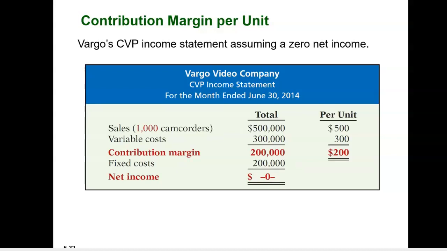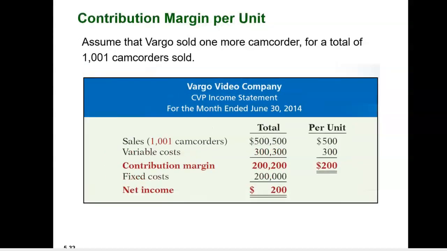Well, obviously, dividing 200 into 200,000 gives me what we call our break even. Okay. Now, the next unit we sell beyond break even, the 200 contribution margin per unit is no longer needed to cover my fixed costs. My costs are covered. Therefore, that 200 becomes profit.